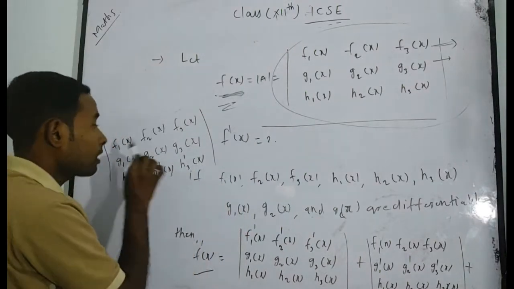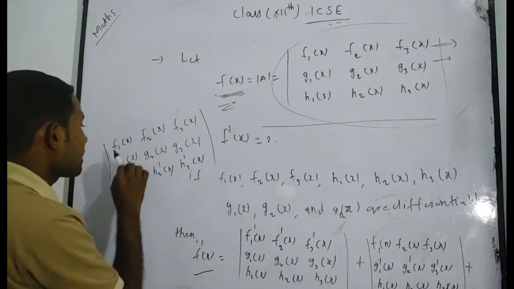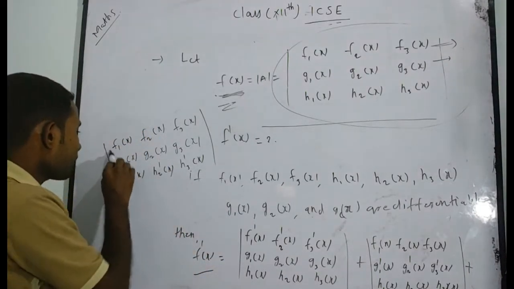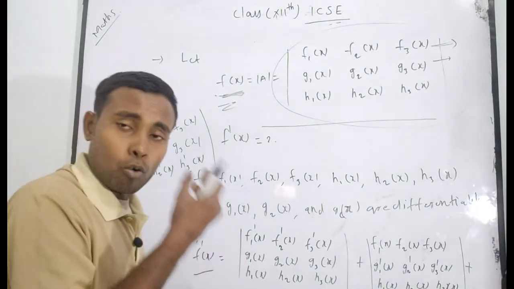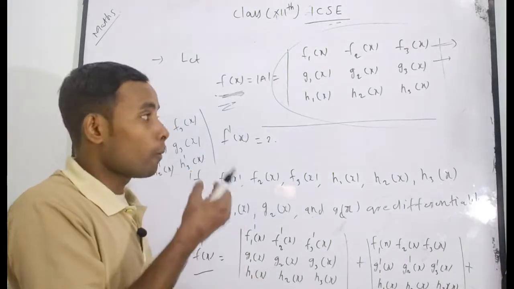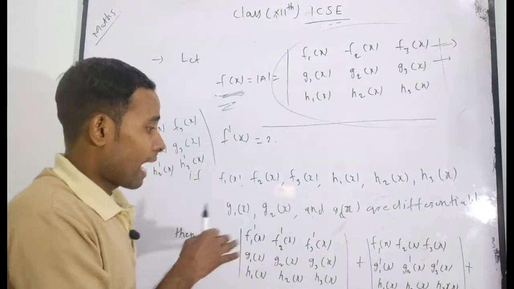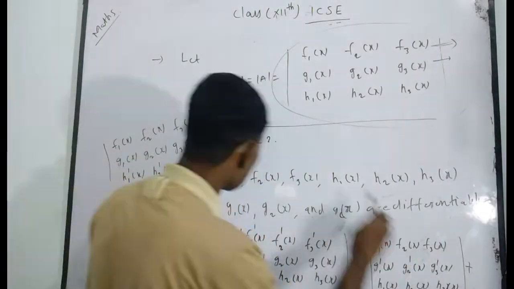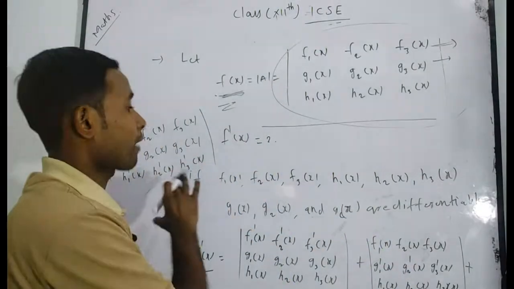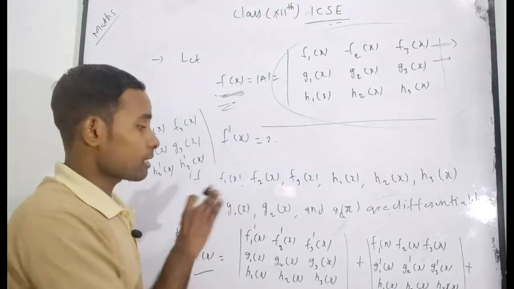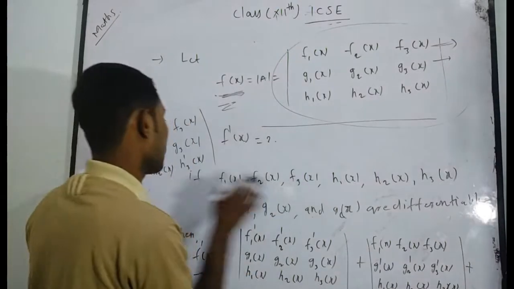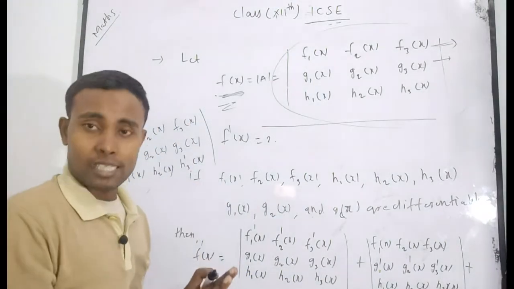And in the third part, differentiate the third row functions, and the first and second row functions will always be taken constant. This way you have to evaluate this determinant, and this determinant, and this determinant, and finally you will get the correct answer.